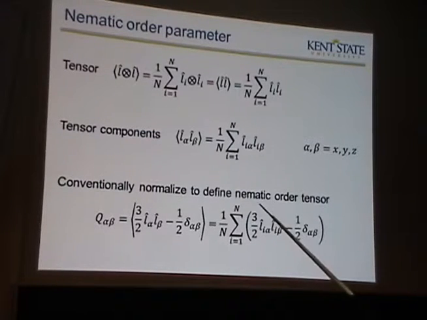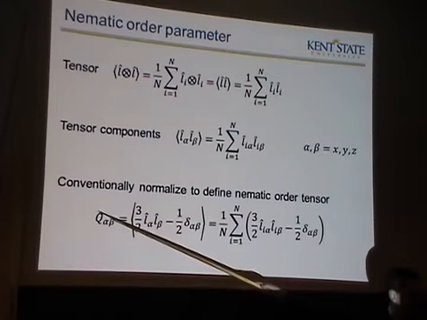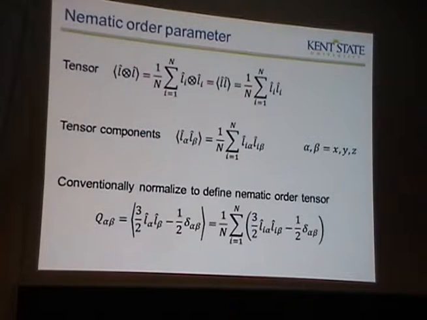And that is the definition of the nematic tensor order parameter. And I will show you why we do this thing with the 3/2 and the 1/2 in just a minute.